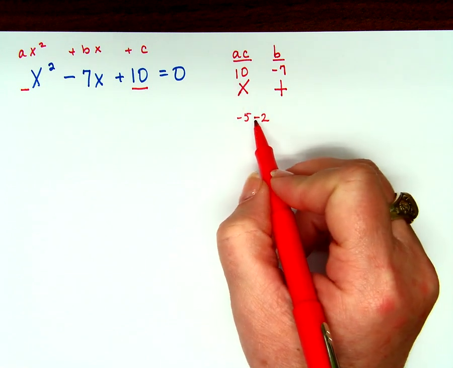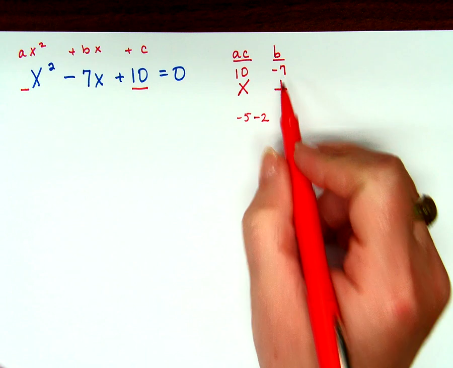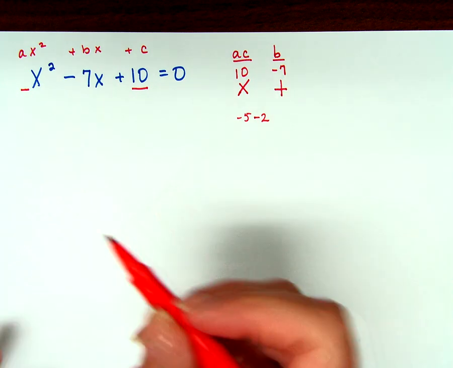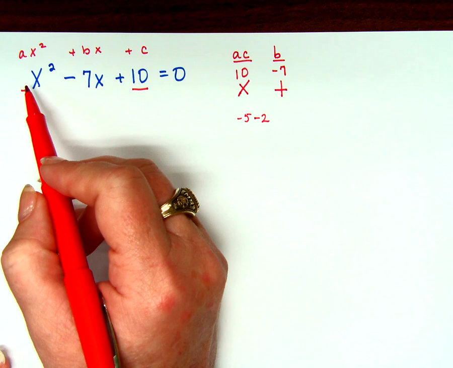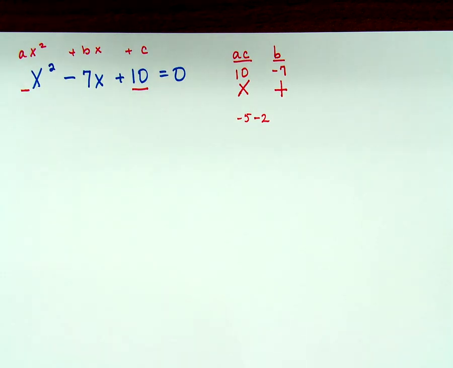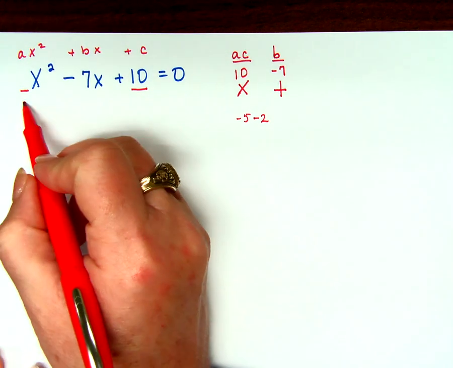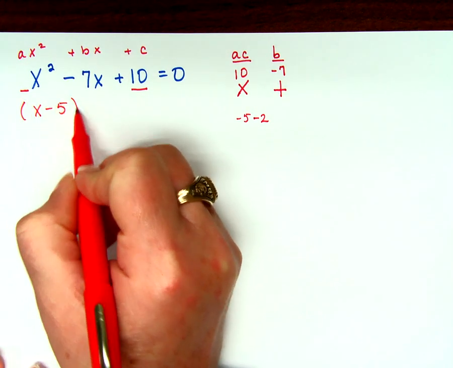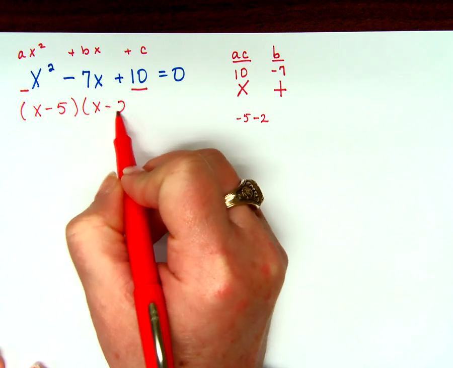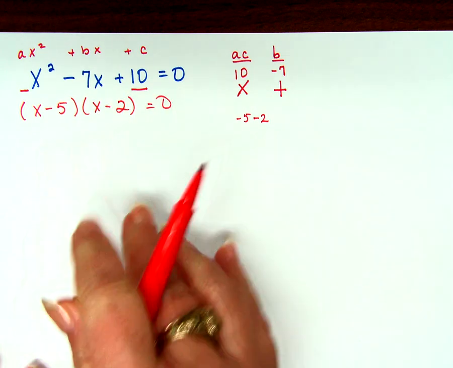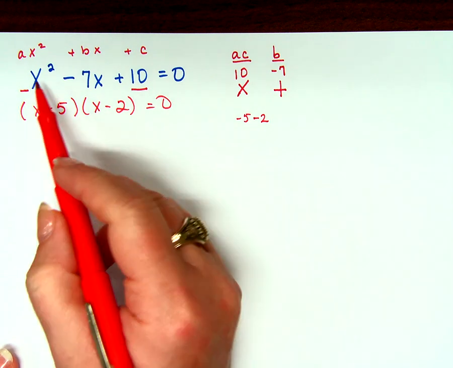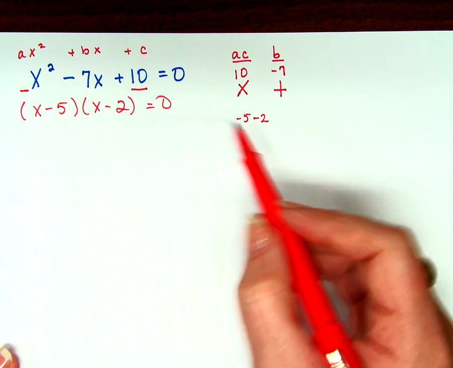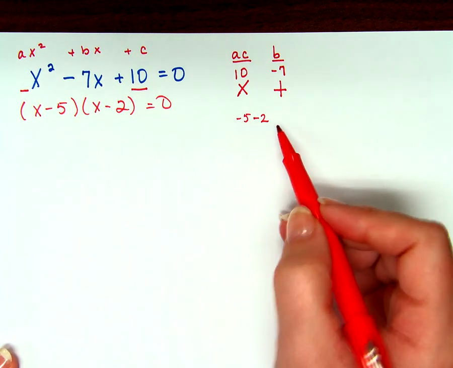Negative 5 and negative 2 add to negative 7, correct? Since the leading coefficient is 1, we could do a quick shortcut and go straight to our factors. I'm going to show you what happens if that's not true in just a second. But because the leading coefficient is 1, we can go straight to our factors, x minus 5, x minus 2.